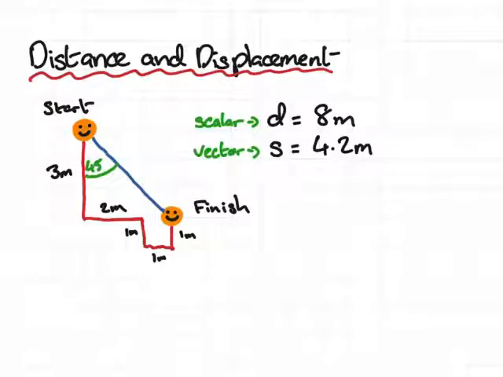This could be from the vertical line to the resultant line for displacement, or as a bearing where you have a north line drawn towards the top of the page and you're going clockwise with your angle to where the resultant line meets for your displacement. Really, the direction that you're stating depends on the question that's being asked, but for now we will say that our displacement is 4.2 with a bearing of 135 degrees.